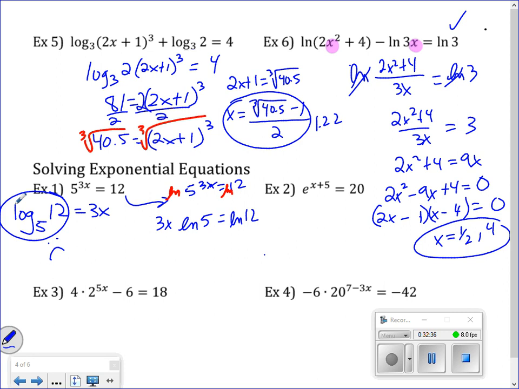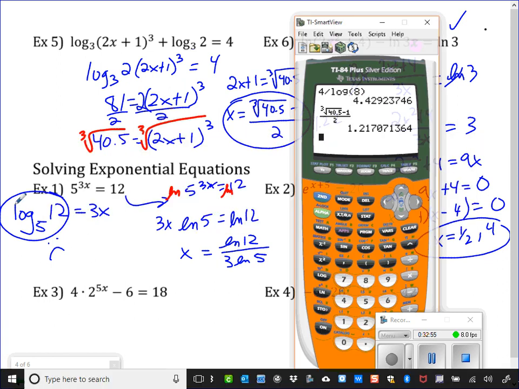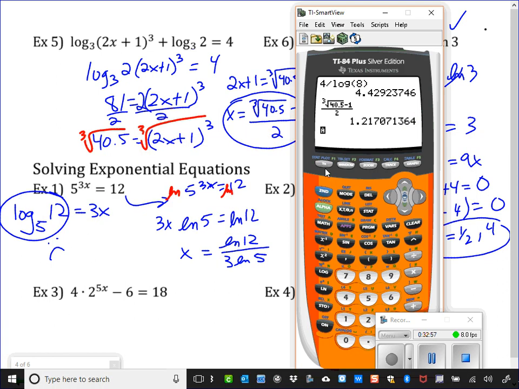So why don't we just divide by both of them at the same time? When I divide by them, I'm going to have ln 12 over here. On the other side, what's going to both be on the bottom? 3 and ln 5. Okay. So you leave it like that, or type it in your calculator. Make yourself a fraction and type it in.